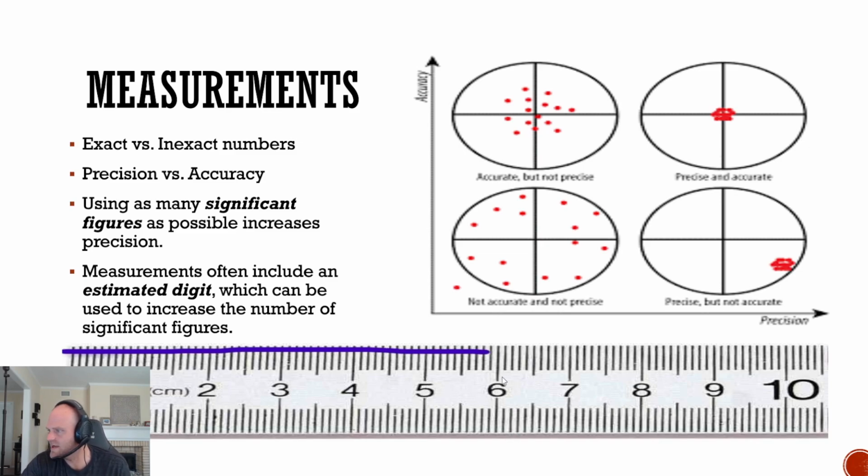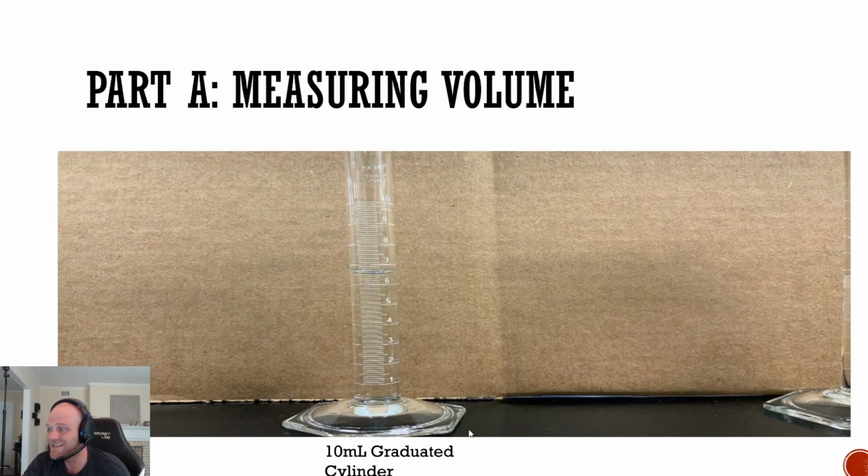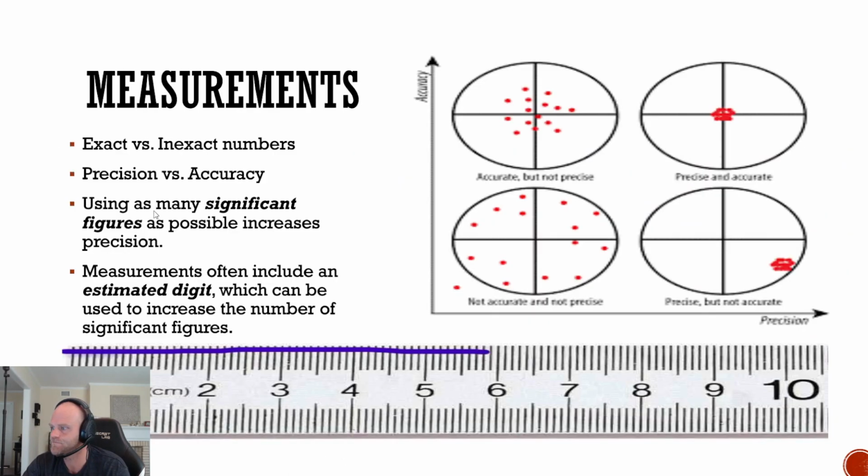So this ruler has the line ending at about 5.9. Remember, each one of these little notches is a tenth of a centimeter. So 1 millimeter or a tenth of a centimeter. Let me make sure y'all can still see me. So an estimated digit is always the last number of the measured value.